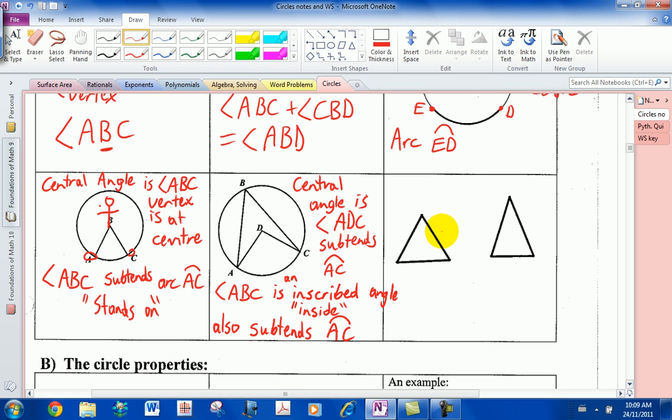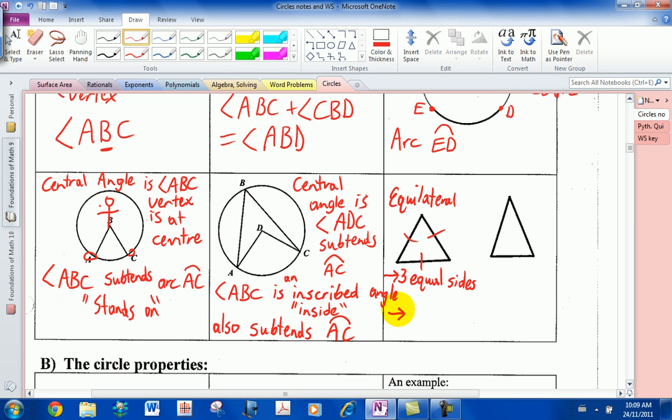Going on then. What kind of triangle do we have over here? Equilateral. Who can tell me one piece of information we know about an equilateral triangle? Taylor? Great job. So we have 3 equal sides. Who can tell me another piece of information we know?